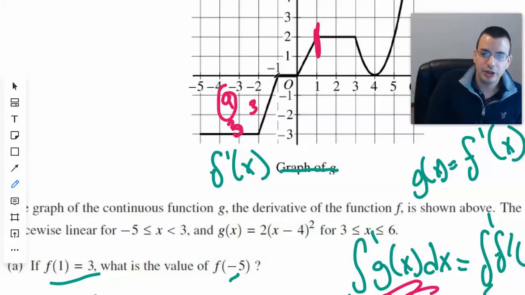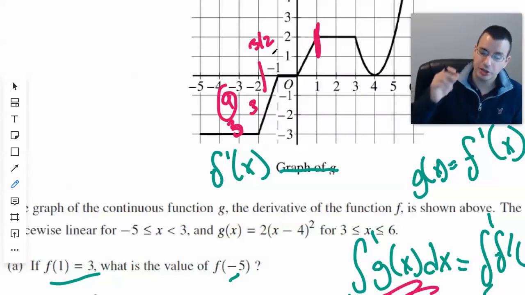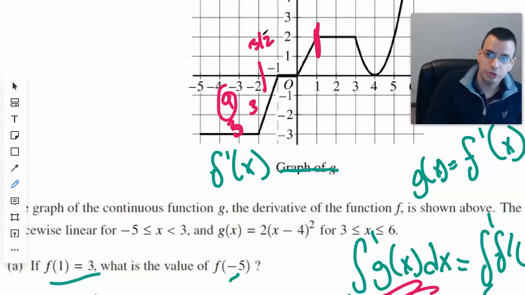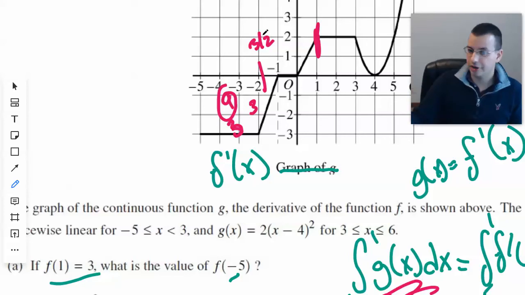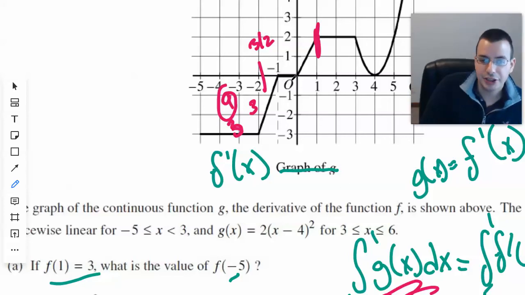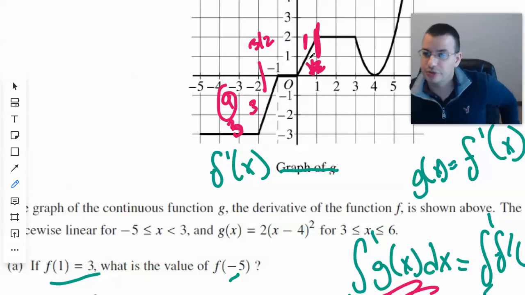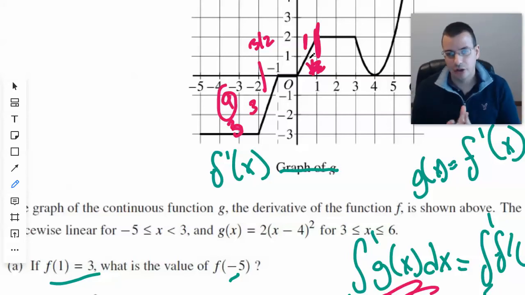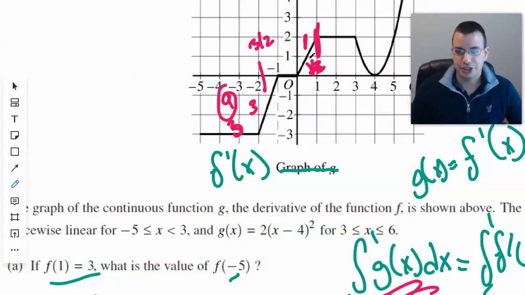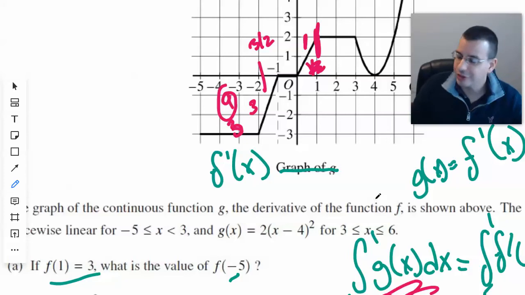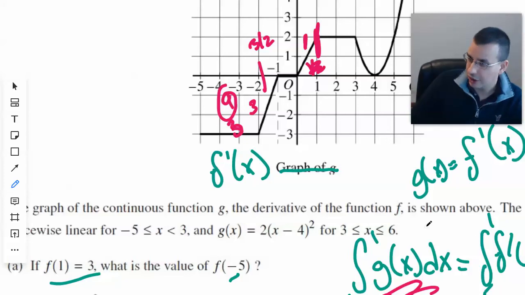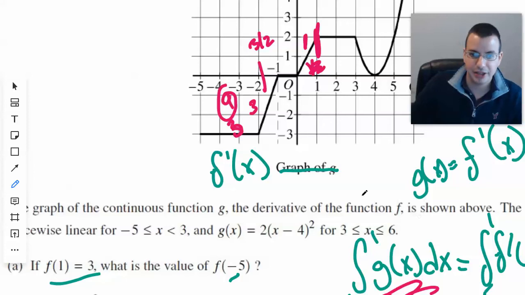This is 3 by 1, so this will be 3 halves, 3 times 1 divided by 2, because it's a triangle. Then this part will be 0, and this will be 1 times 2 divided by 2, which is 1, because it's a triangle. The formula for the area of a triangle, if you hadn't figured it out, is 1 half base times height.